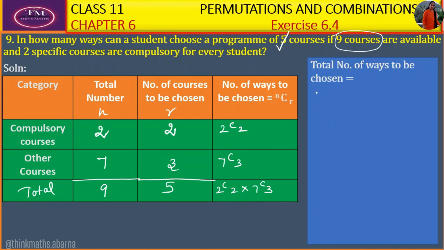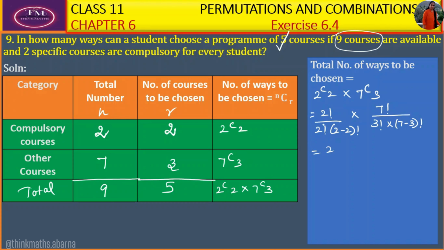So let us calculate it. 2C2 into 7C3. What is 2C2? 2C2 is 1. Or you can check it: 2 factorial divided by 2 factorial into 2 minus 2 factorial. What is 7C3? 7 factorial divided by 3 factorial into 7 minus 3 factorial.